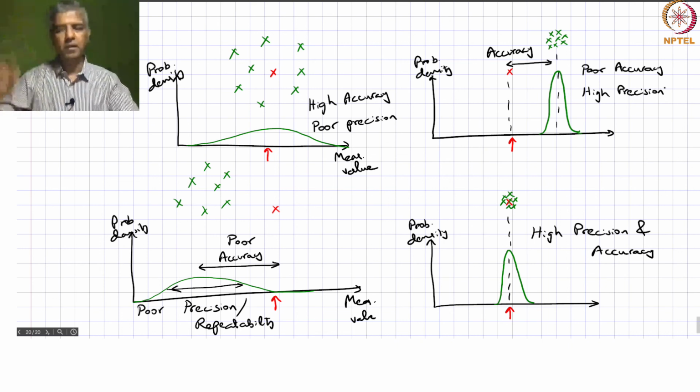You keep making multiple measurements, you get the same value. Okay, so that's corresponding to fairly high precision. Those are the different cases that we can see. Hopefully that gives you some idea of what we mean by accuracy, what we mean by precision or repeatability.